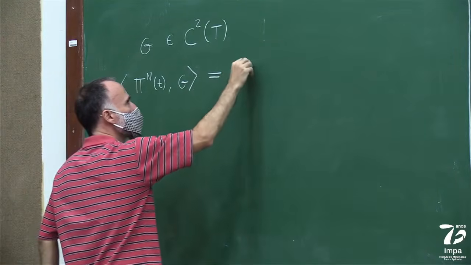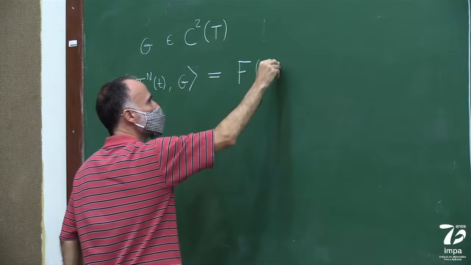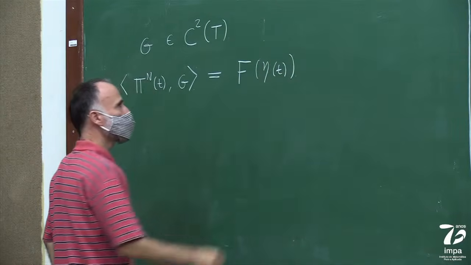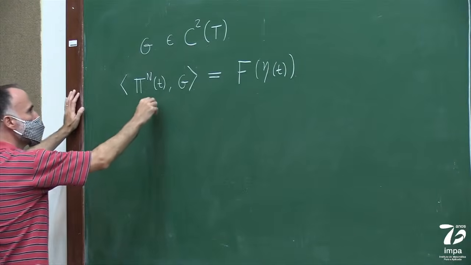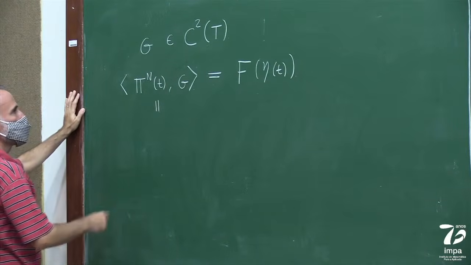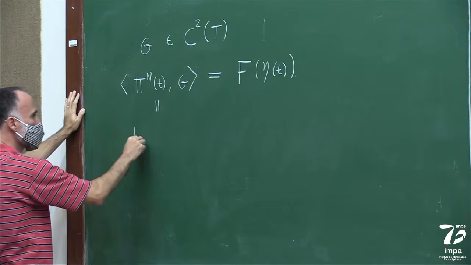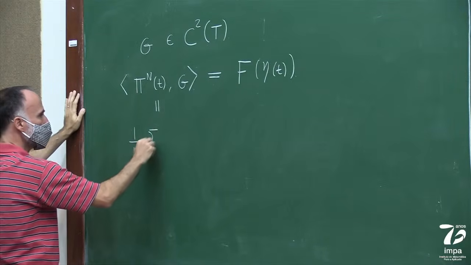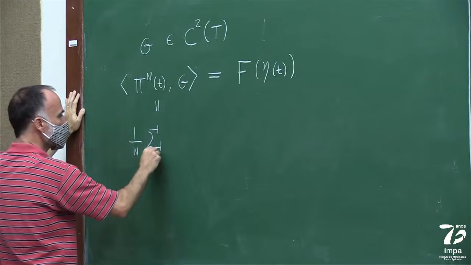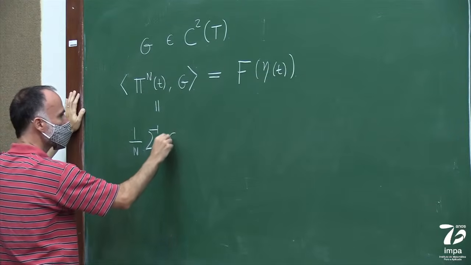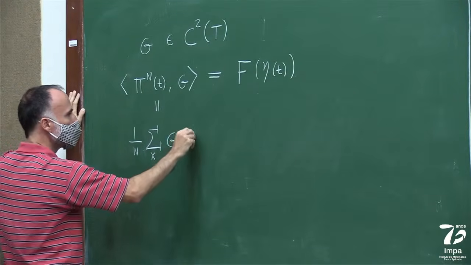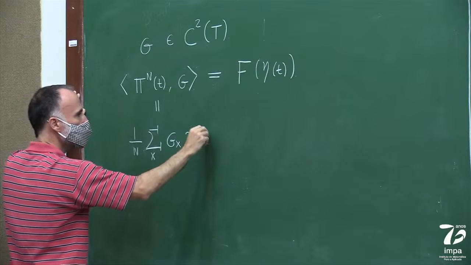So that will be my function f of eta t. Okay. So remember, this is the integral of g with respect to pi n t. So this is equal to 1 over n, sum of x in lambda n, g x, eta x at time t.